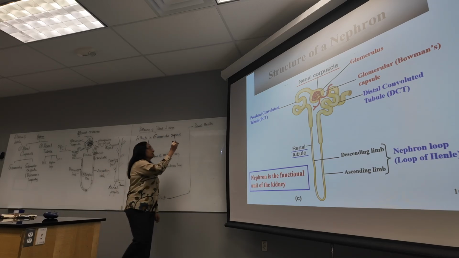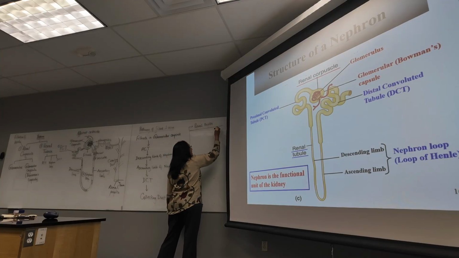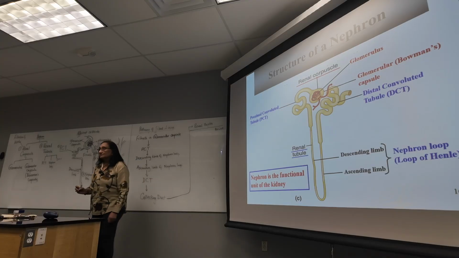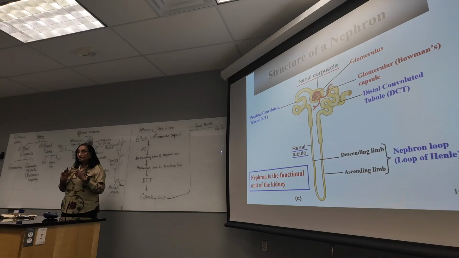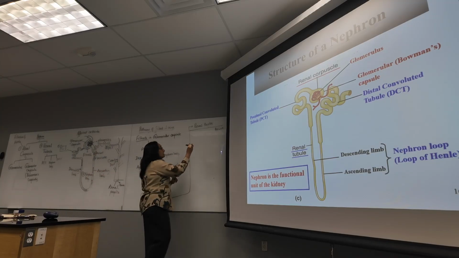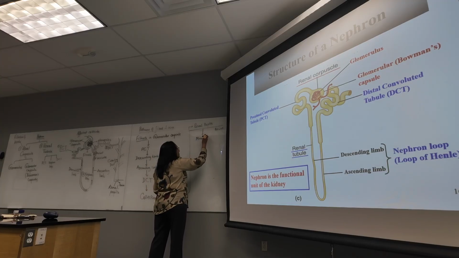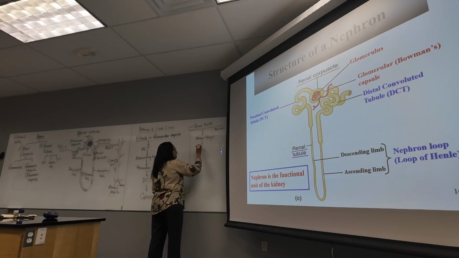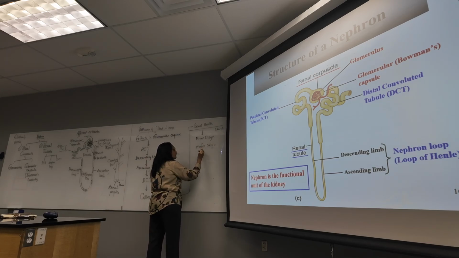Okay. That's it. So up until this you call it filtrate. Now it will be urine, flow of urine after this. So this one, filtrate. You can never use the word urine here because you'll be wrong. From the renal papilla, it is going to go into the minor calyx, major calyx, renal pelvis.